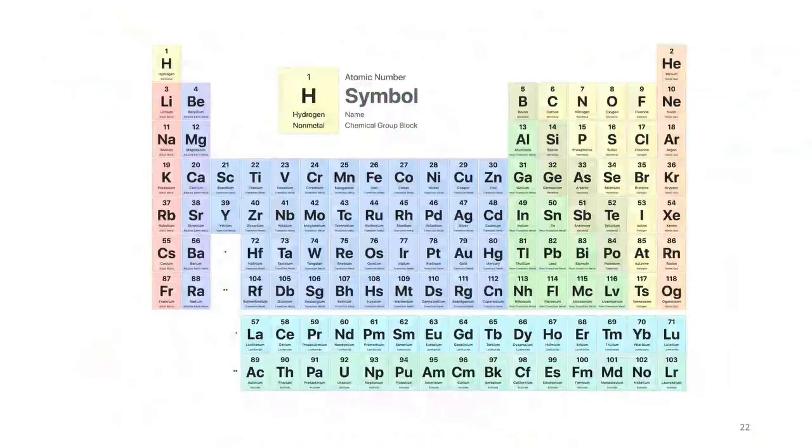So in the inner transition series, in the periodic table, we end up separately showing these inner transition elements, which we call the F block.